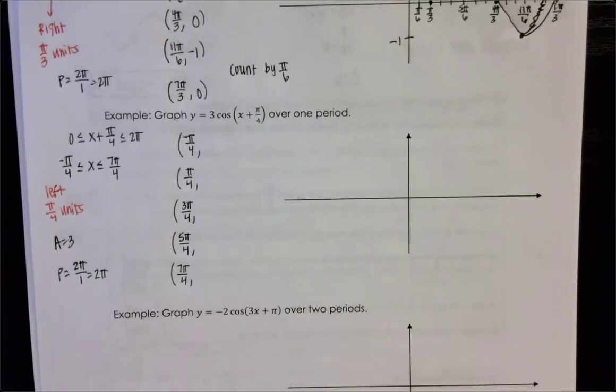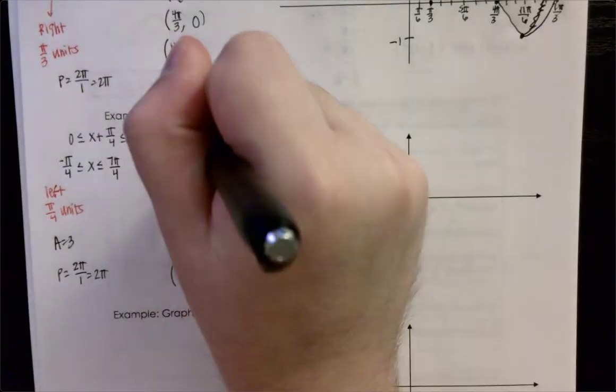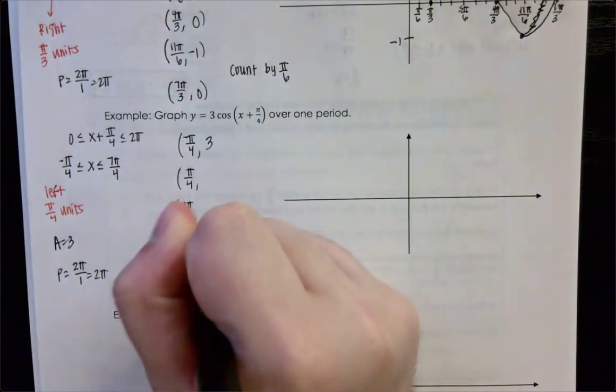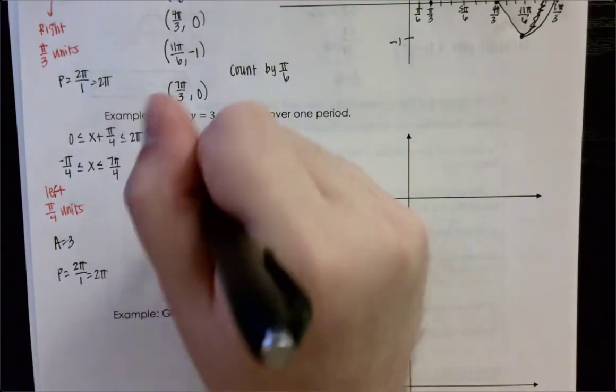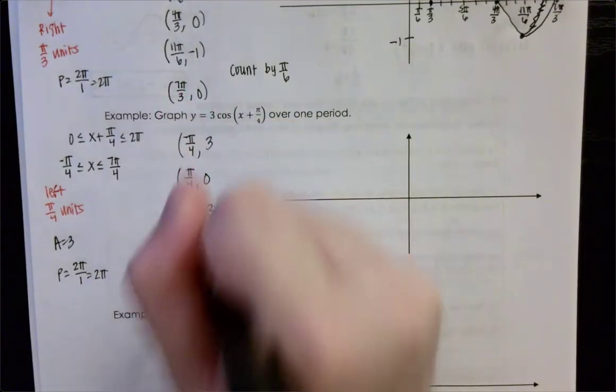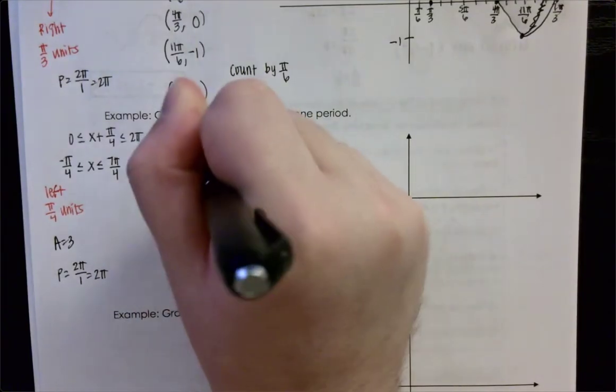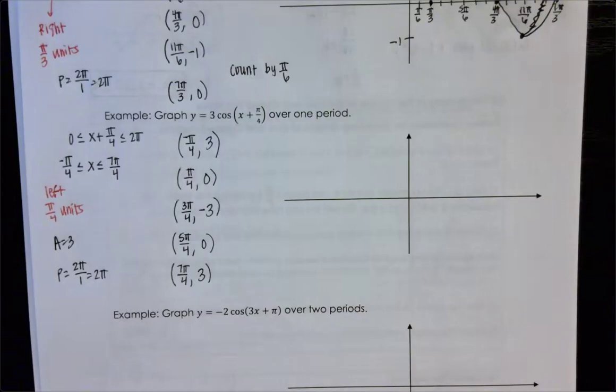Okay, cosine starts at A, just 3, ends at A, halfway in between negative A and then 0. We're just doing one period.